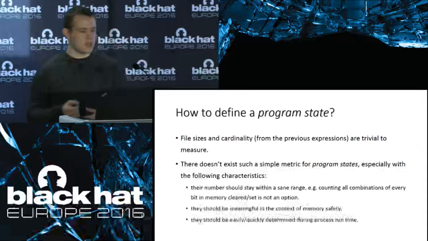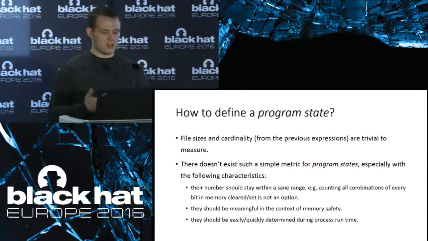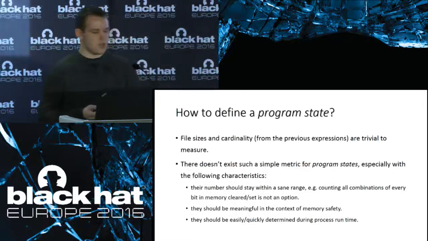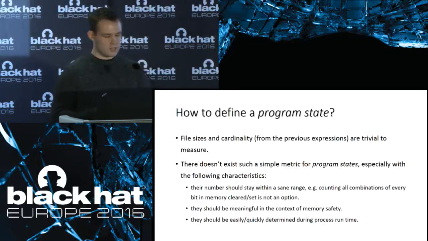So now the question is, how do we actually define the program state? Because the file sizes and the cardinality, which was part of the expression, are both trivial to measure, but a program state is more difficult. We don't really have any good metric for measuring program states, especially with the characteristics that we would like to have while doing fuzzing.